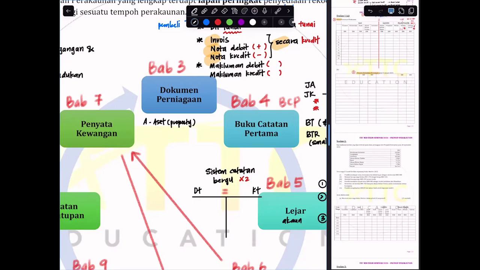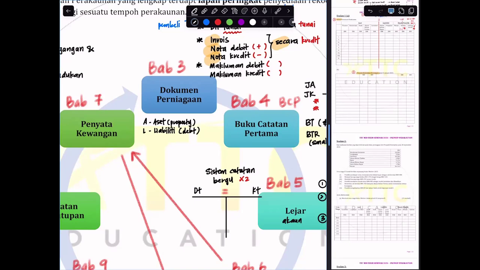Then L for liability. Liability means your debts. In Malay, we call it as hutang. Debts means you should pay, but you haven't paid. You're owing. There's only a condition that we know that we should pay, but we haven't paid. We have something owing, we have debts to others, then we can only call it as liability.